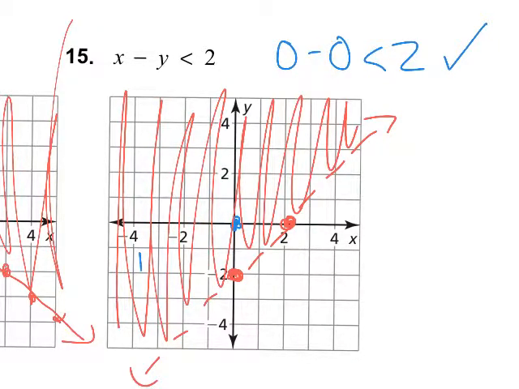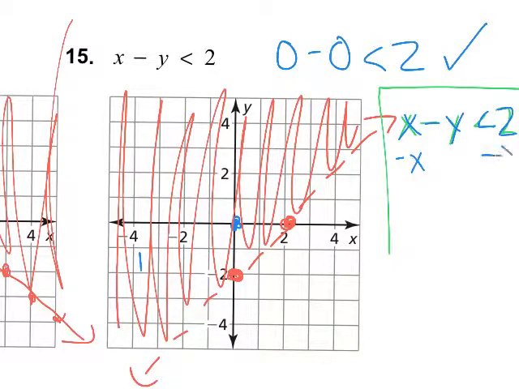Okay? Alternatively, I want to show you this. I could take x minus y is less than 2 and solve for y. Ooh, that's kind of hard to see, isn't it? So I have x minus y is less than 2. Okay? So if I solve for y, I would have to subtract x.